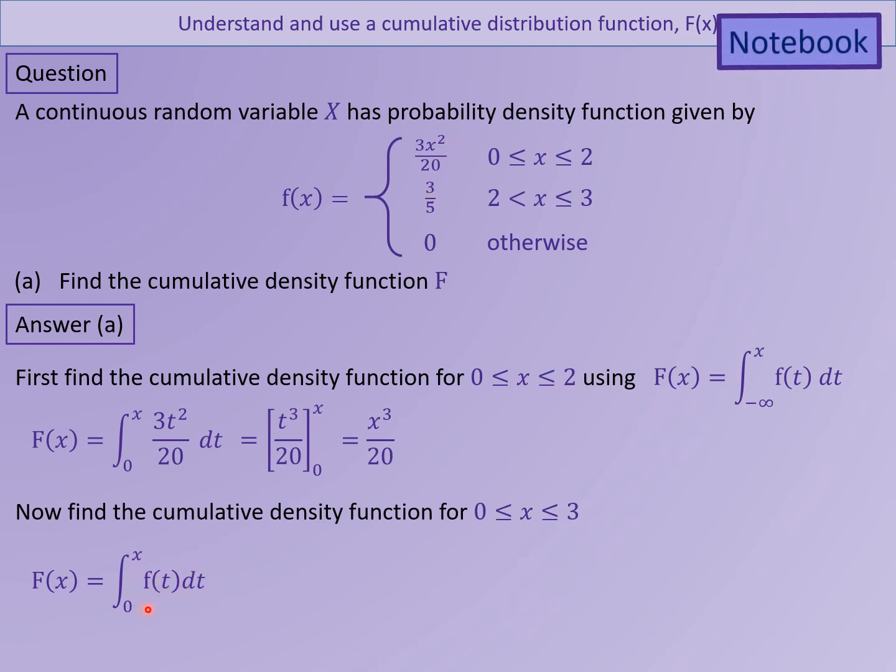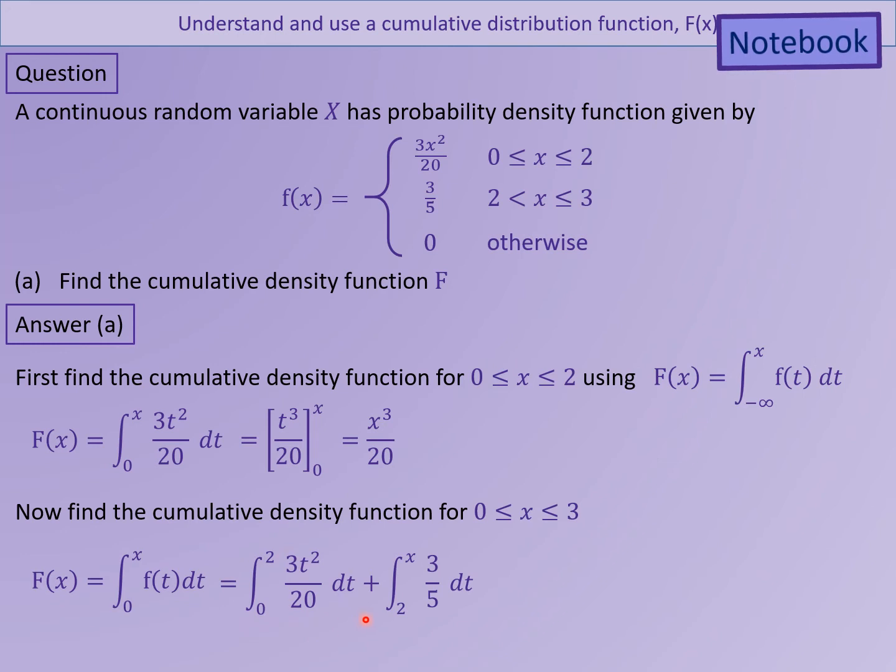But what I can definitely do is split this up. I can deal with 0 to 2 and I can deal with 2 to something else. Now the 0 to 2 is definitely going to all occur. So that bit just there is definitely going to be happening because I've passed that point and now I'm into this function just here. So my 3t squared over 20 goes from 0 to 2.